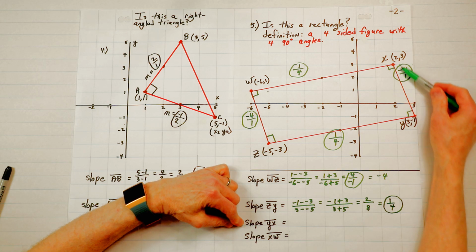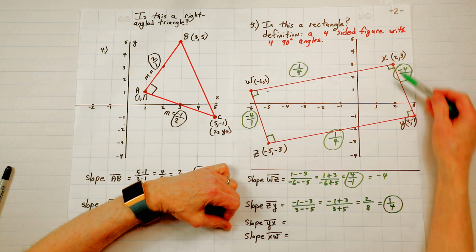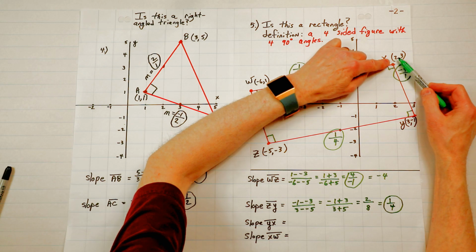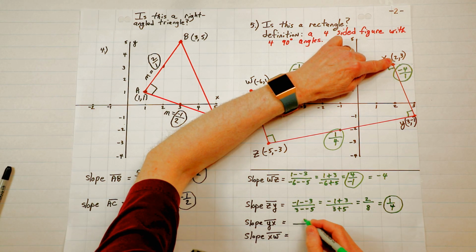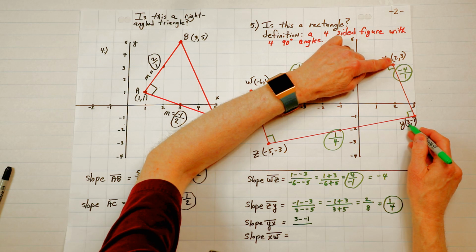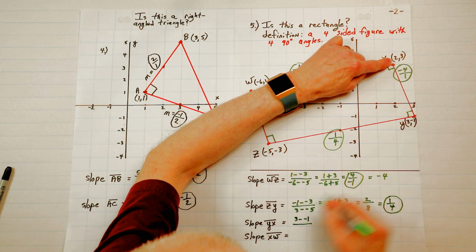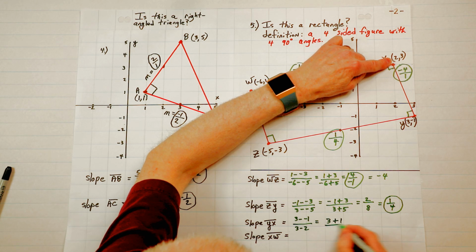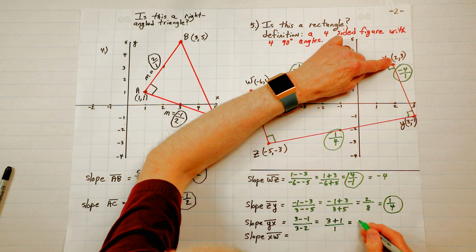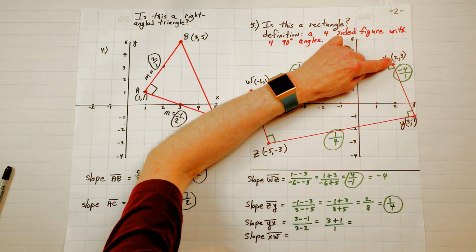Now I'm going to do this one, YX. So I'm going to make this my x2, y2. And for the numerator, I will have 3 subtract negative 1. And for my denominator, my x values, 3 take away 2. So that's 3 plus 1 over 1. Okay. So what did I do wrong? I did something wrong.